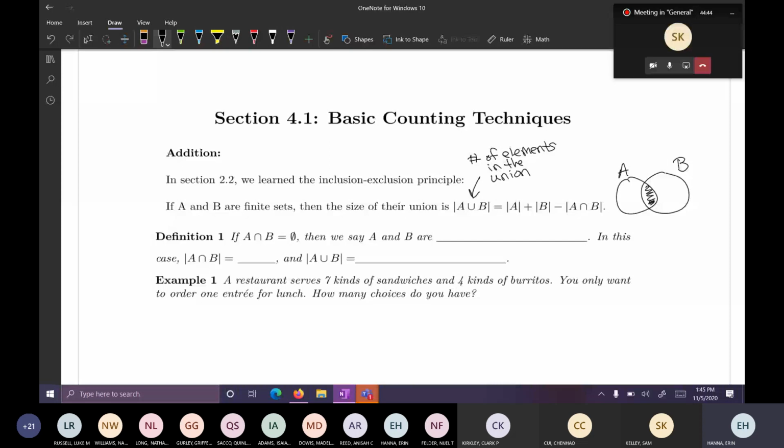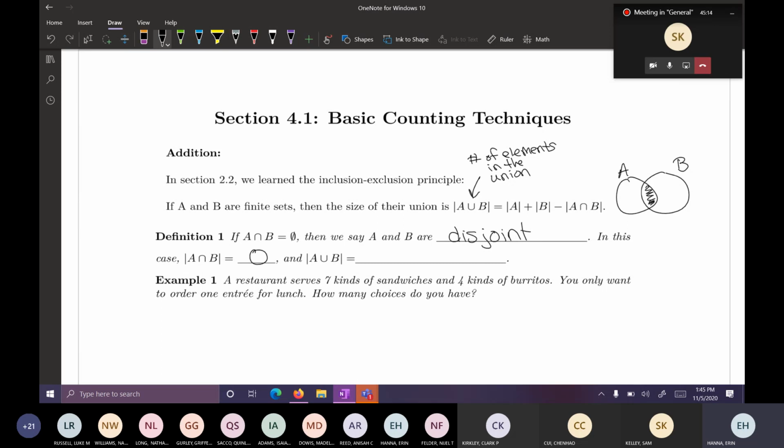Now, if A intersect B is the empty set, and remember the empty set is the set of nothing, so if they don't have an intersection, we say that A and B are called disjoint. In this case, the number of elements in A intersect B, which is called the cardinality, would be 0 because it's the empty set.